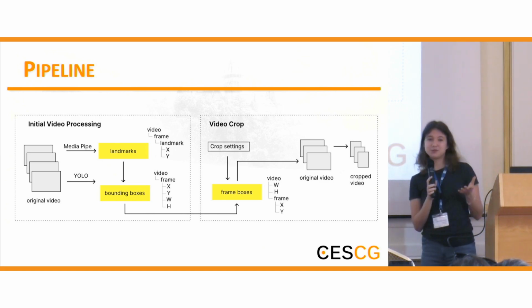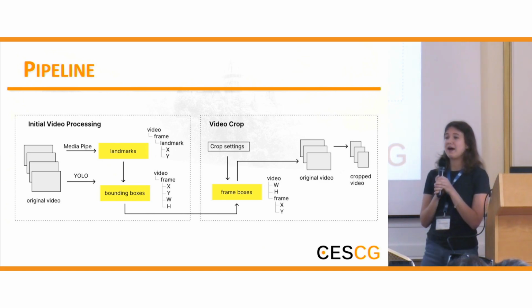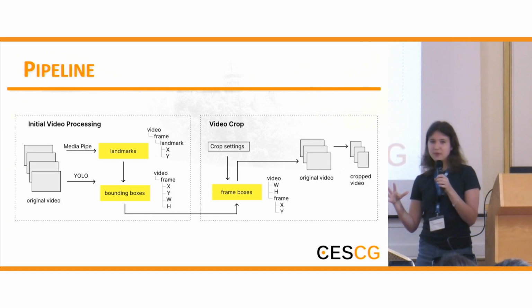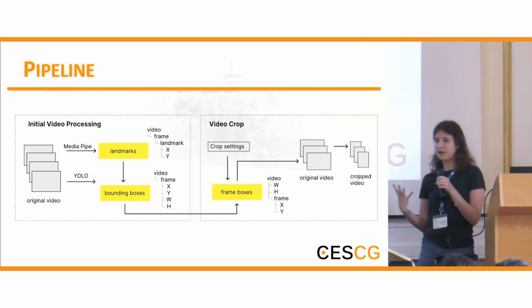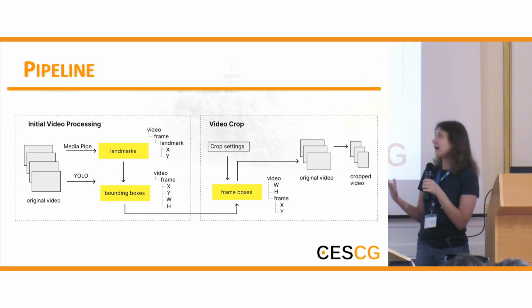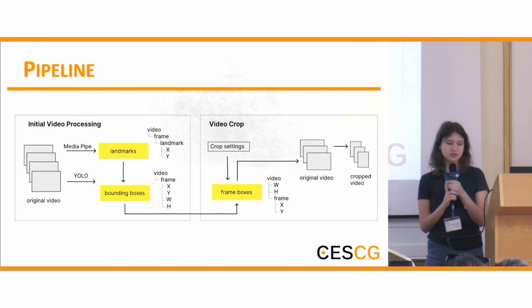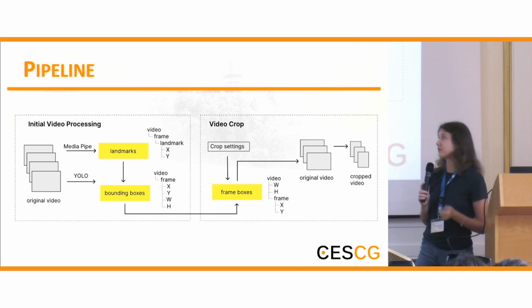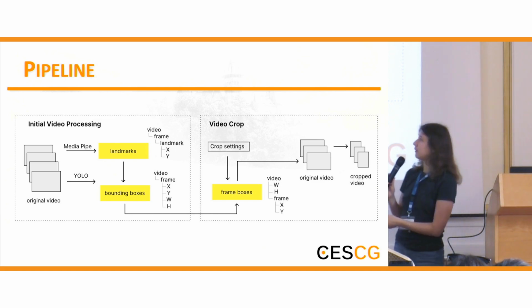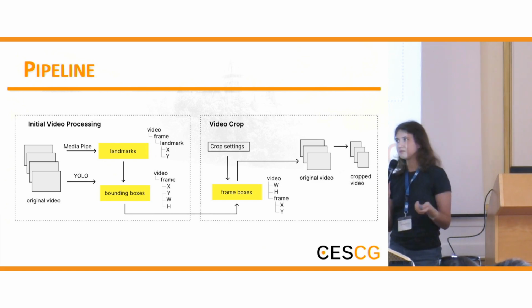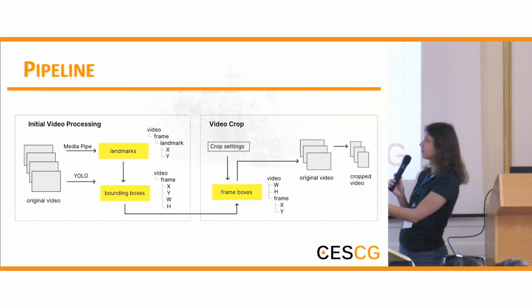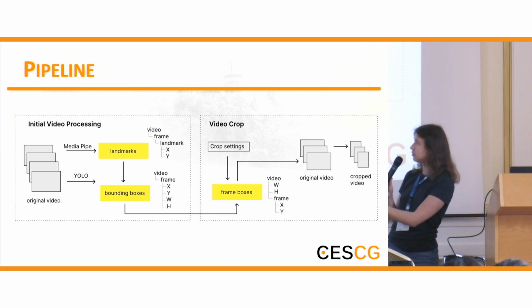My solution uses ML at some point, but I have decided to do the crop using some basic math algorithm, and do the human recognition in the first stage that is executed only once per video. So I start processing my video. The initial processing stage uses some existing human detectors.